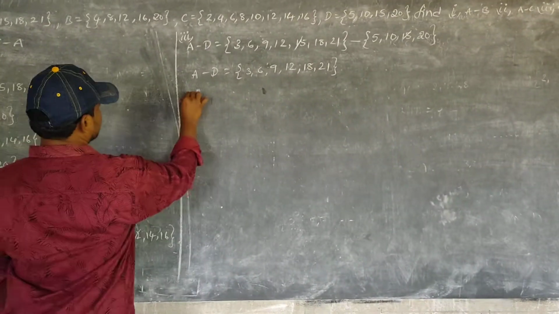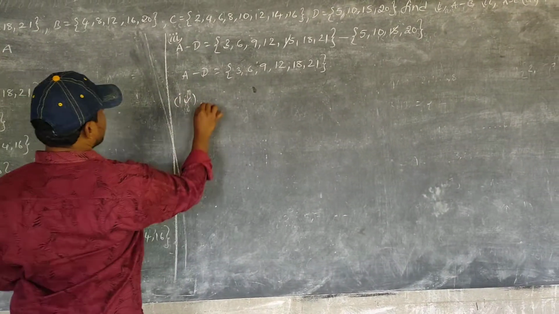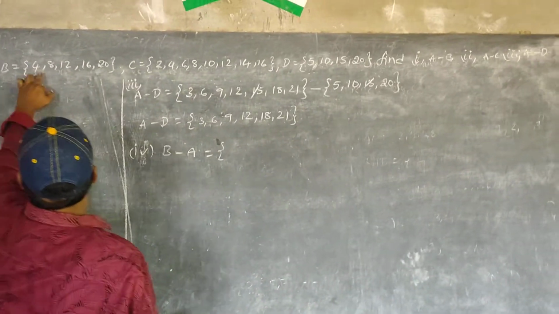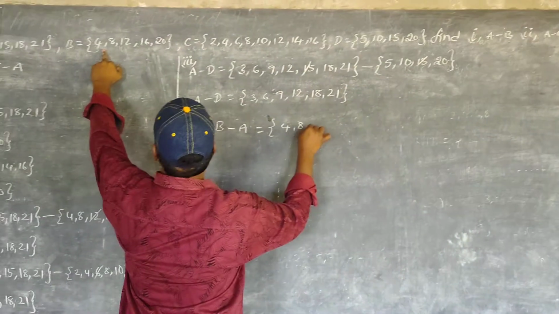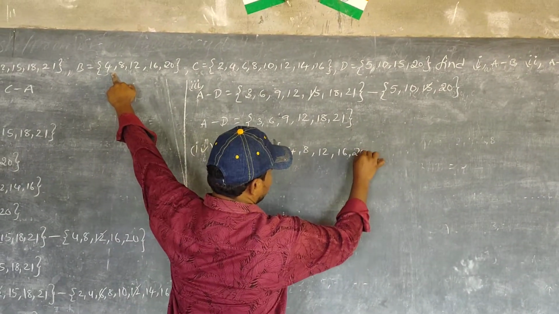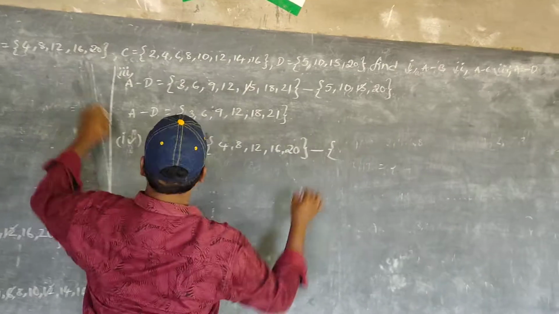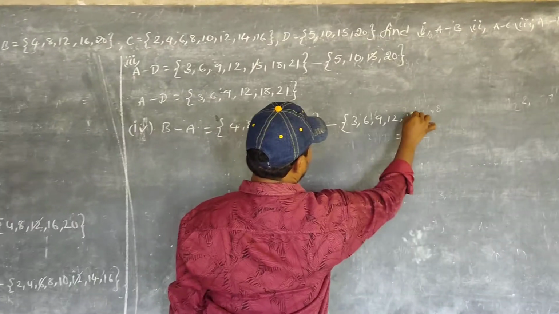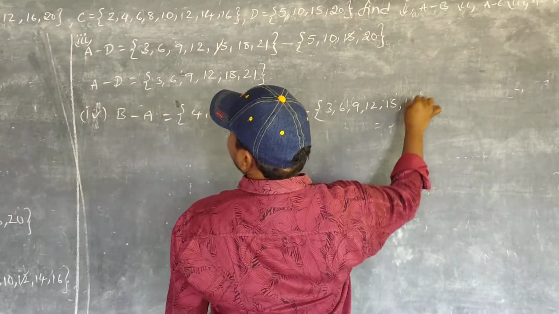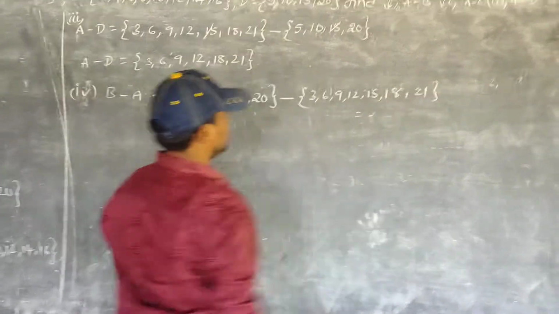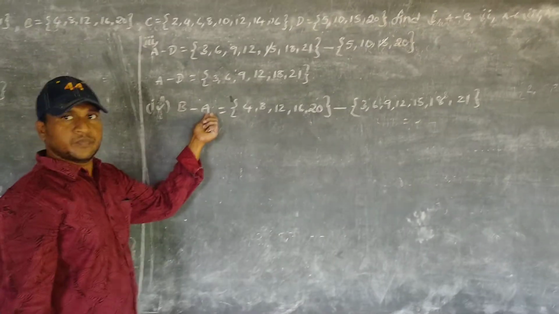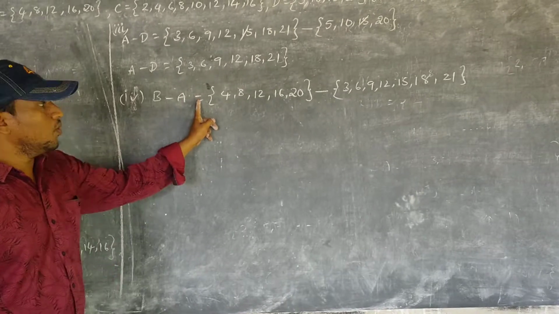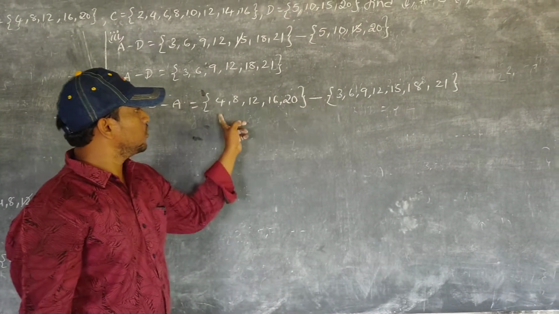Next, fourth one: B minus A. What is set B? 4, 8, 12, 16, 20, minus A. What is set A? 3, 6, 9, 12, 15, 18, 21. B minus A means which belongs to B but do not belong to A. Which are the common elements in both sets?